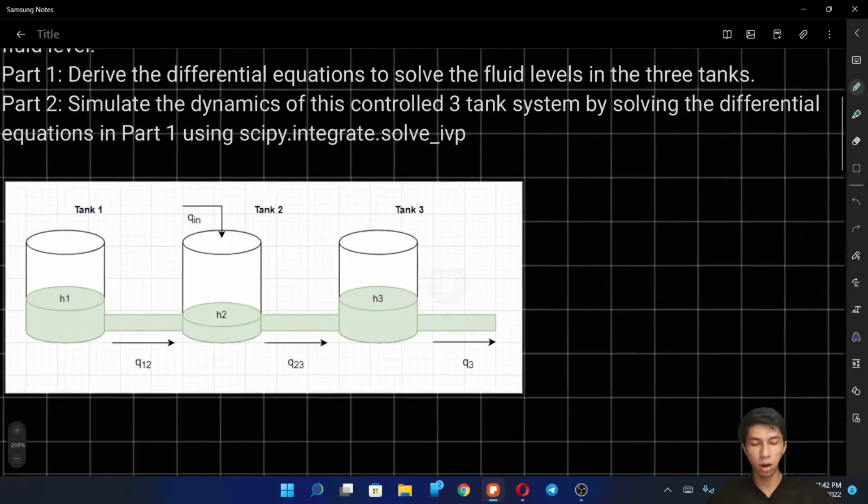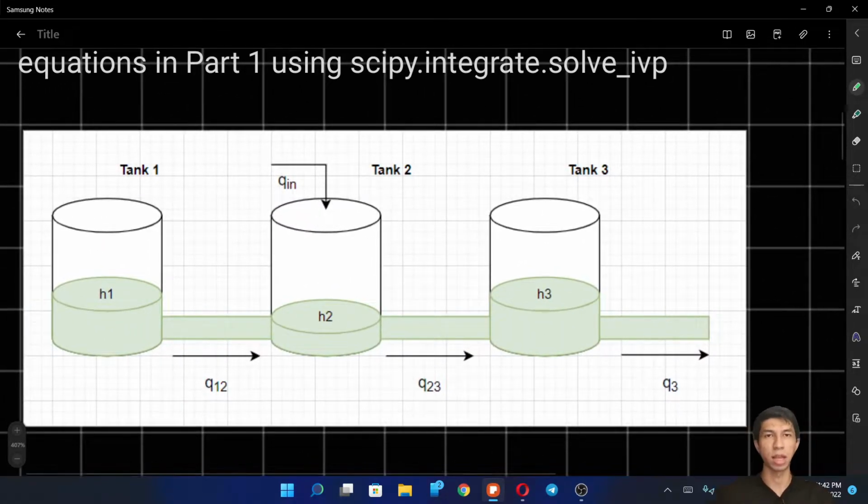So here we have our diagram to represent what is happening in our problem. We have three tanks that are connected with each other. They have different heights and their own cross-sectional areas, and there's a flow between the three tanks. It can be going each way.